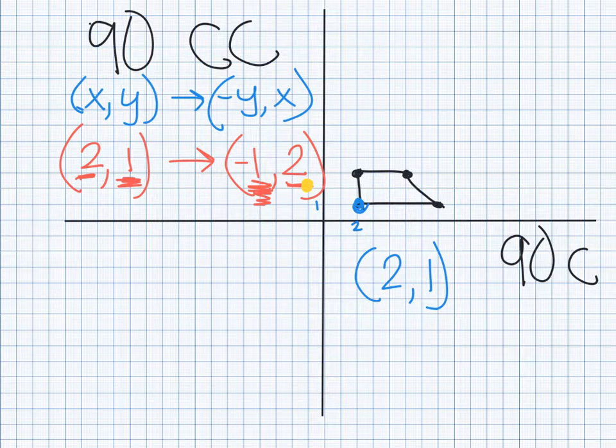If I were to take the point that is right here, this purple one, that is forward 7, up 1. So my rotation will be (1, 7), where that former y value goes negative. So I'm going to go back 1, up 2, 3, 4, 5, 6, 7. I'm going to end up right here.